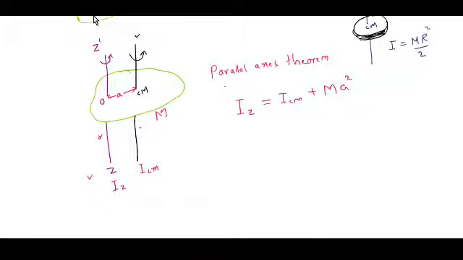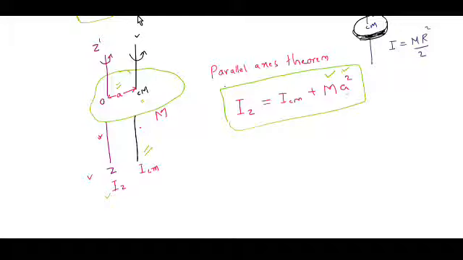Then how can we state this parallel axis theorem? The theorem states that the moment of inertia of a body about an axis, here the z axis, is equal to the sum of the moment of inertia of the body about a parallel axis passing through the center of mass of the body, and the product of the mass and the square of the distance between the two parallel axes, that is this a square.